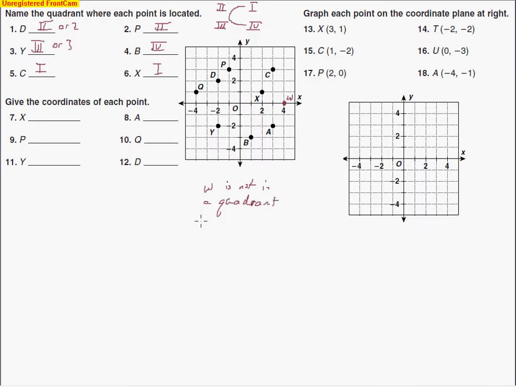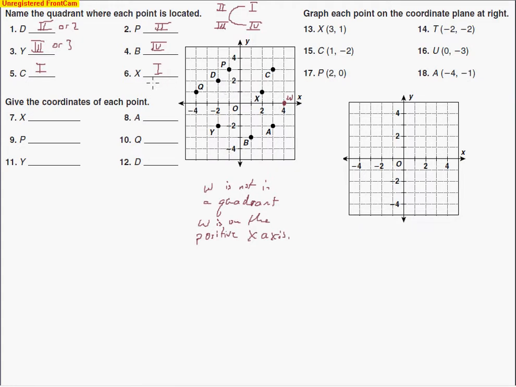And so we'd say W is on the positive x-axis, positive because it's to the right. If it's not in a quadrant but it's on an axis, then we have to specify whether it's the positive or negative axis, and then which axis it is.